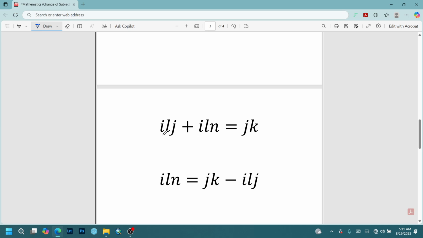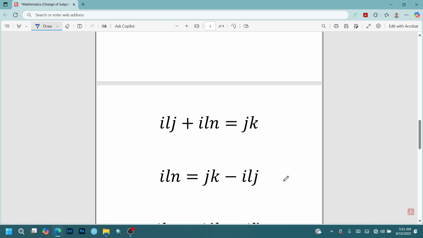So this ILJ, which is a positive number, would cross the equal to sign and change its form to become a negative number. So that explains why we have our equation here to be ILN equals JK minus ILJ, right?